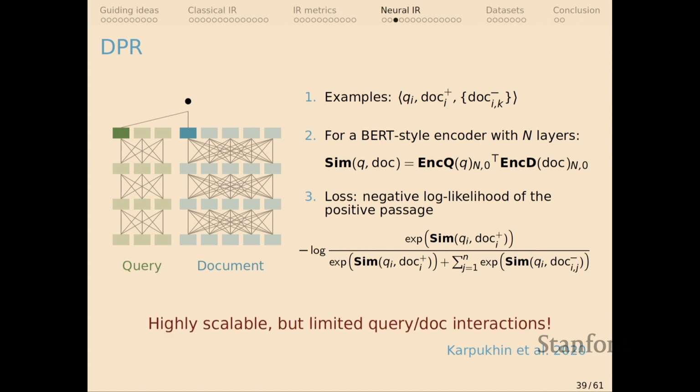So now we've got something that is highly scalable because we can process every document in our entire web collection into a single vector, this one, and it can just sit there on disk. And then at query time, process the query, get its vector, and do this super fast dot product comparison for scoring. So now we've got something that is probably even going to function as a full ranking model, not just a re-ranker. But the real gain is that we can process all our documents offline.